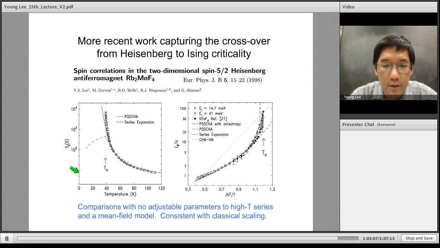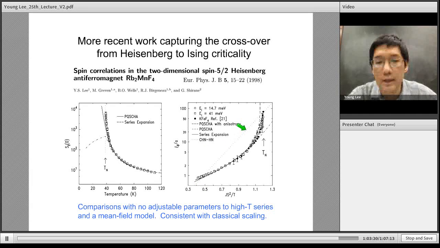And over here is the correlation length, plotted as a function of 1 over temperature. So as you go down in temperature, going to the right here, the correlation lengths increase, and you don't get a divergence at Tn again, at least in some of these theory lines, because we're trying to compare to the Heisenberg behavior.